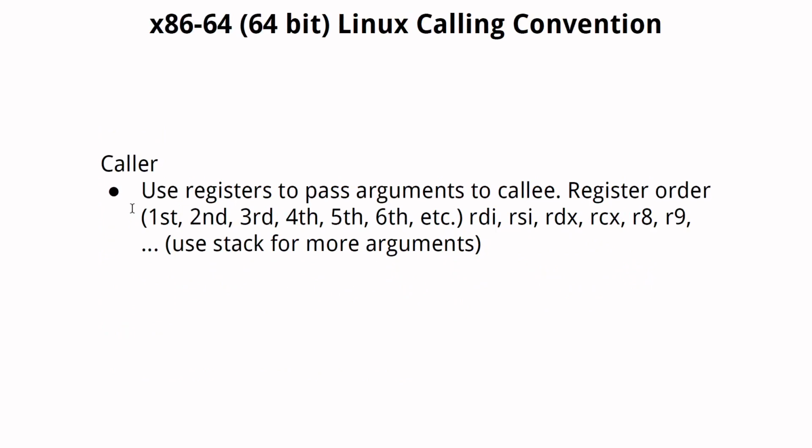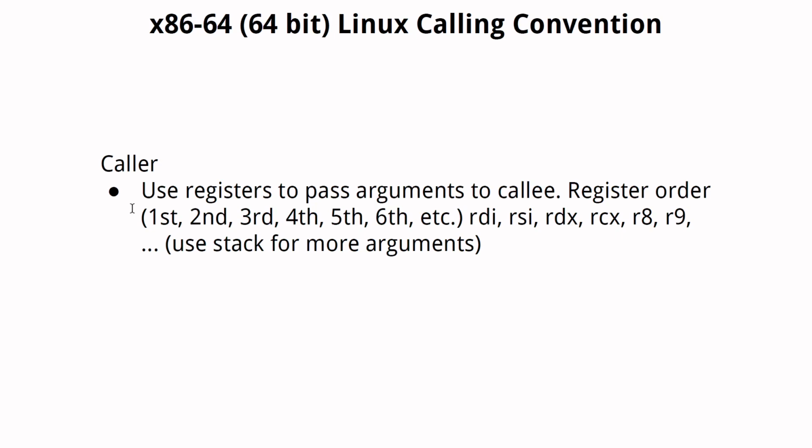Next, we're going to look at the 64-bit version of the Intel machine. If you remember, the 64-bit machine has many more registers than the 32-bit version. In the 32-bit version, we only have 8 general registers. In the 64-bit version, we have 16 or more.